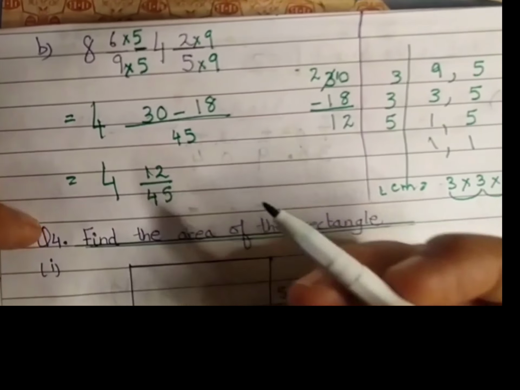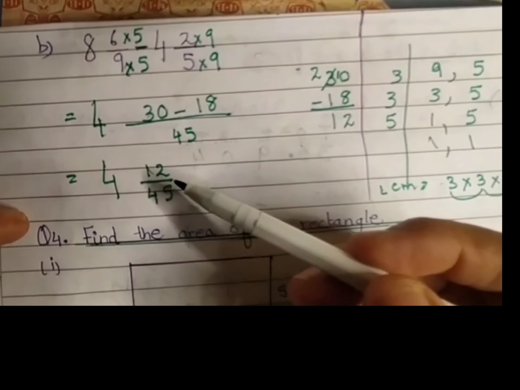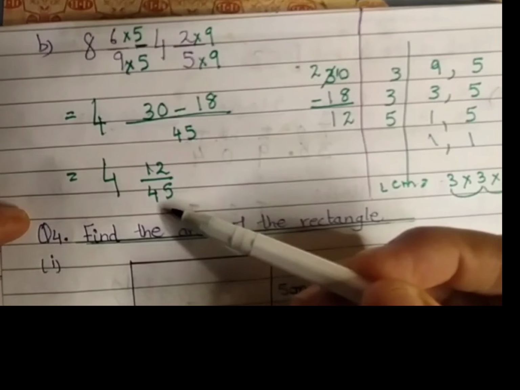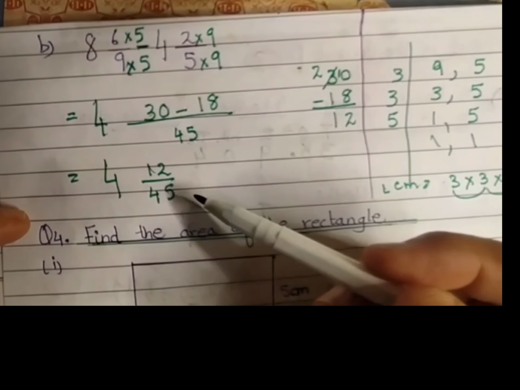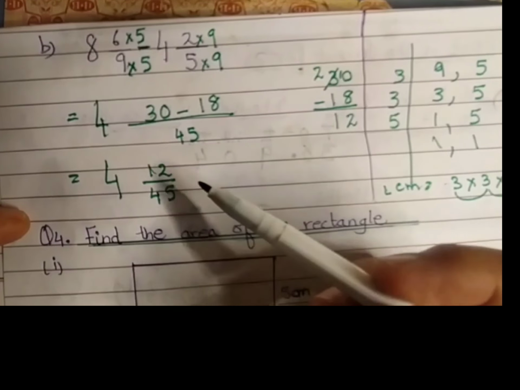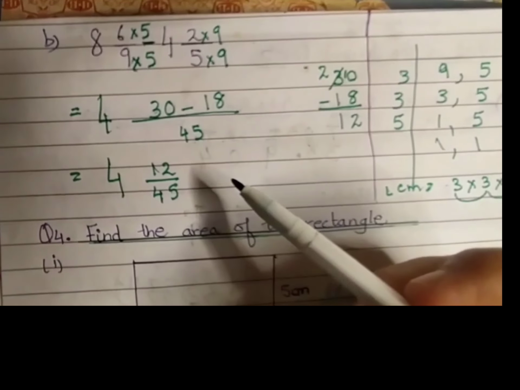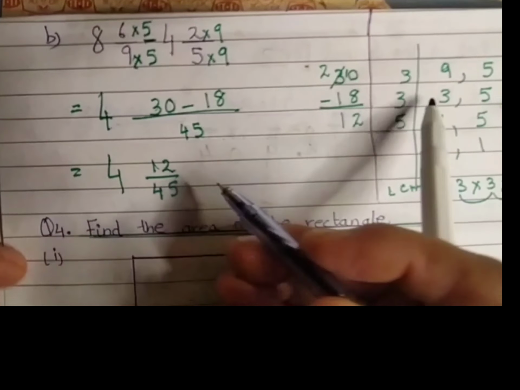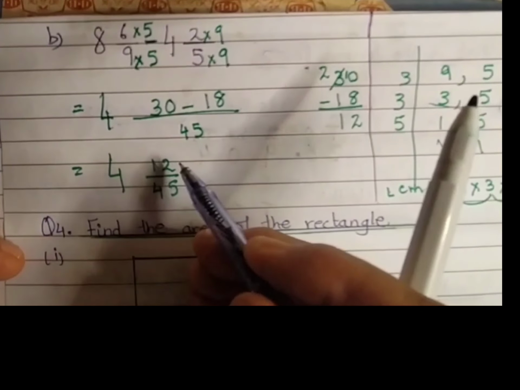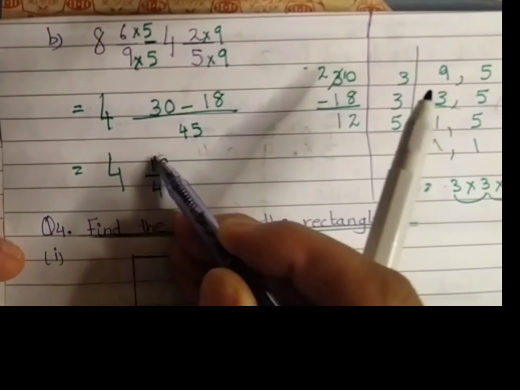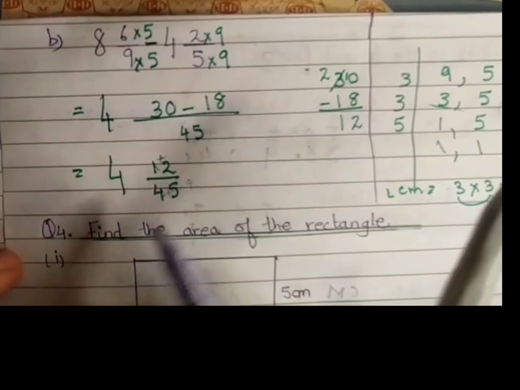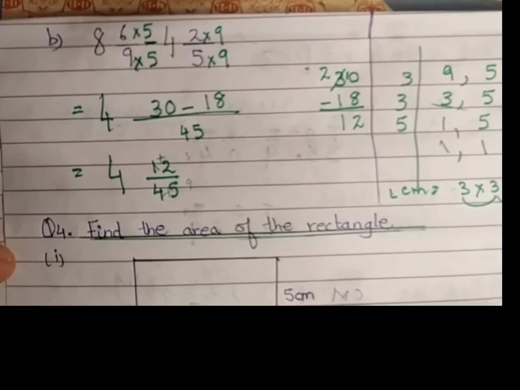Okay, 2 can be there, it can be reduced by 2, but 45 isn't there in 2 times table. Do you think 5 is an even number? No. When there is no even number, then we will move on and try with 3 times table. In 3 times table, children, always make sure to add up the numbers. This is the trick to know if these two numbers can be cancelled by 3 times table. 1 plus 2 gives you 3, and 4 plus 5 gives you 9. 3 and 9 are there in our 3 times table.